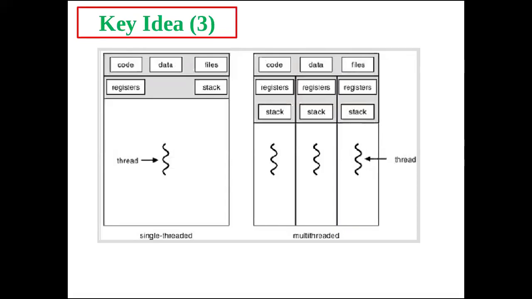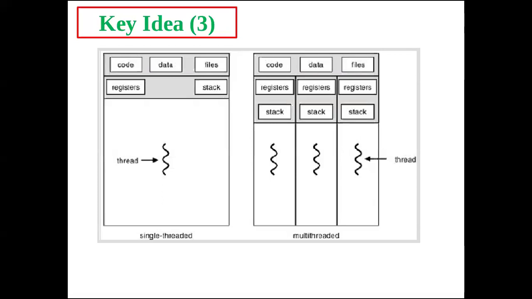These belong to the process. And execution components, we also see one set of registers, one stack, and one thread. Only one thread is executing. In a single threaded process, there is only one execution flow. One thread controls everything, and one set of registers and one stack is enough. And execution happens in a single path.